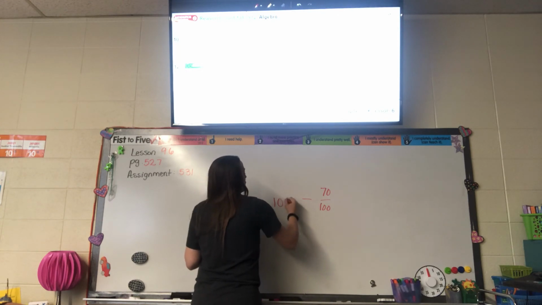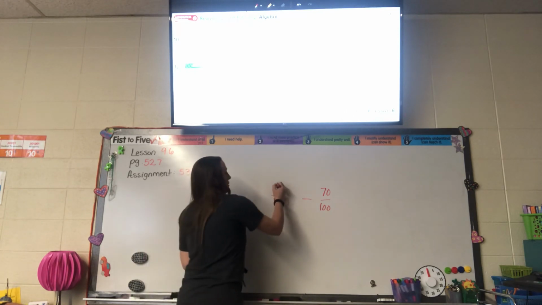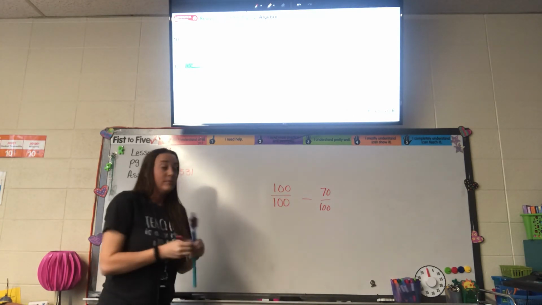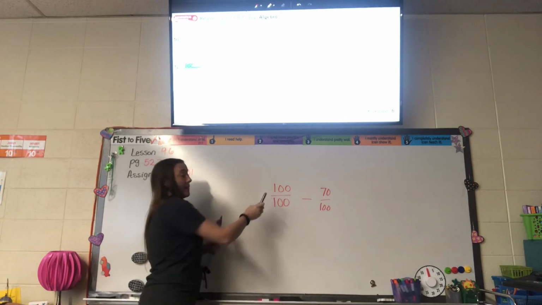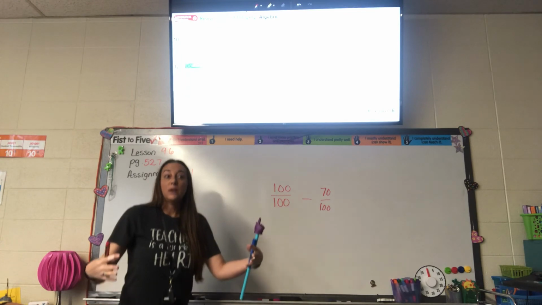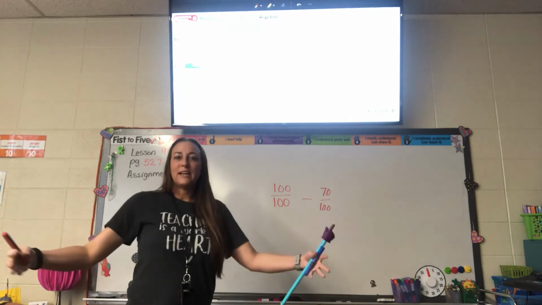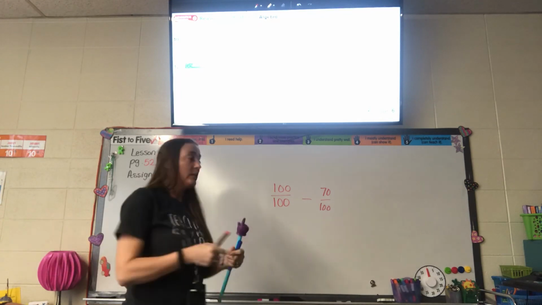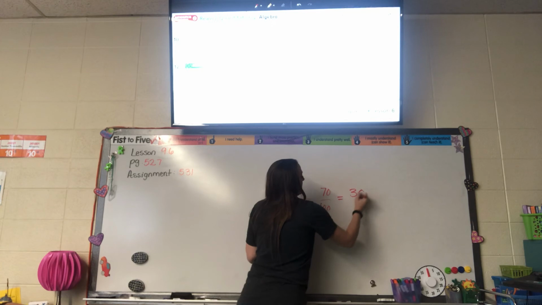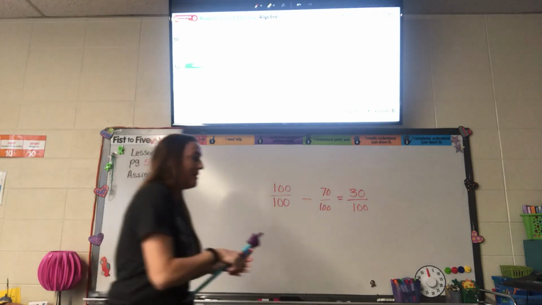How many hundredths are there in one whole? 100 hundredths, because fractions are division problems, and 100 divided by 100, or if you have 100 cookies and 100 kids, everybody gets one cookie. So 100 minus 70 is 30, and then we're dealing with hundredths. So that's how much he has left.